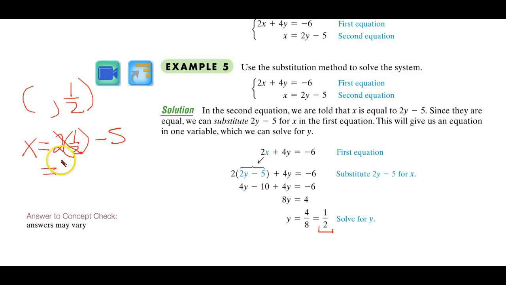So 1 minus 5 is going to equal negative 4. So your second member of the ordered pair now is a negative 4. And this should be the ordered pair where these two equations intersect if you were to draw them on your graph.